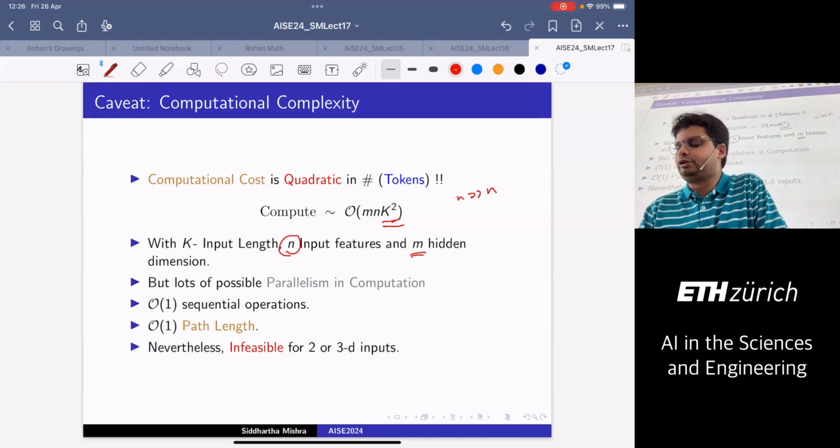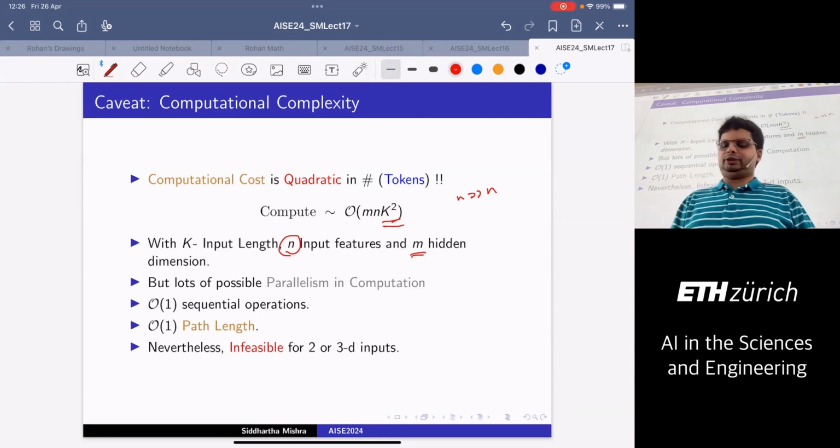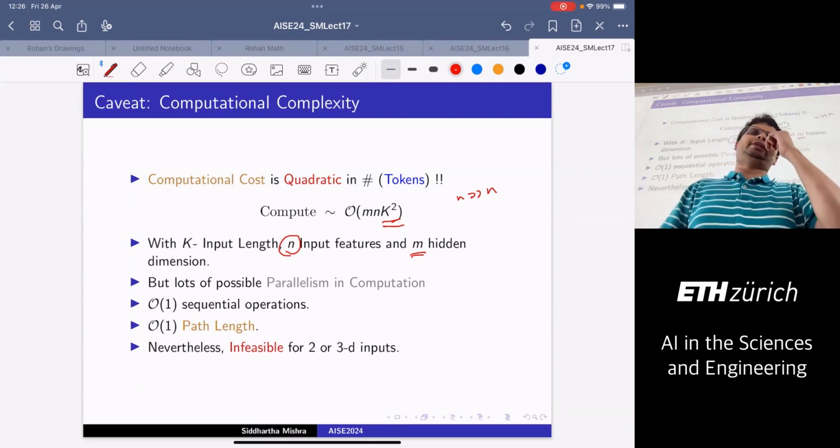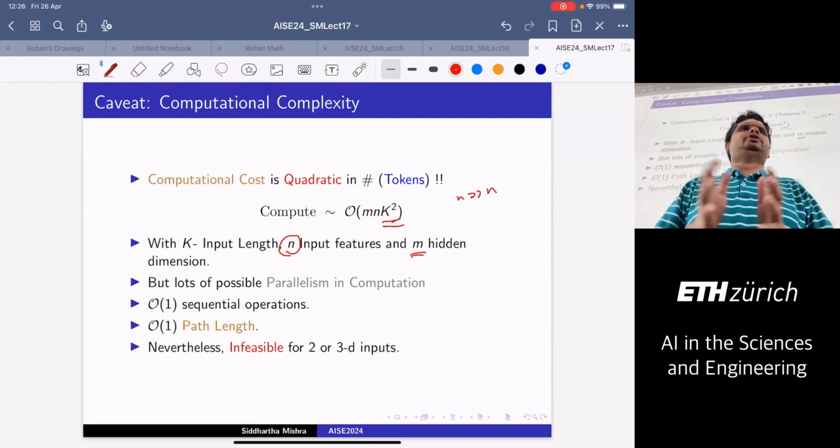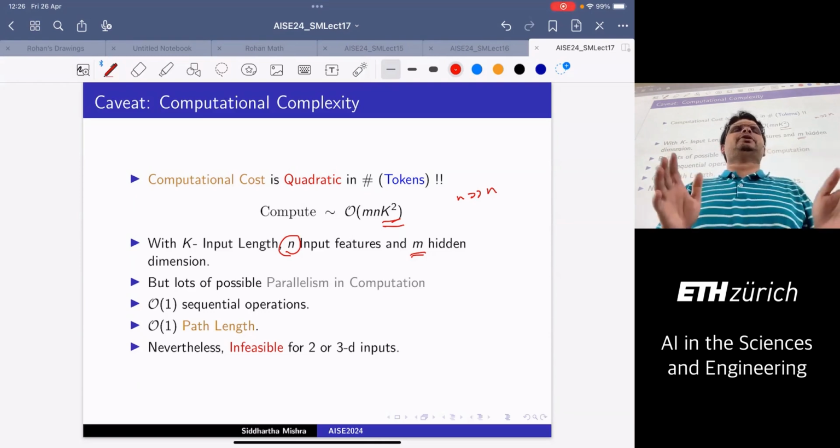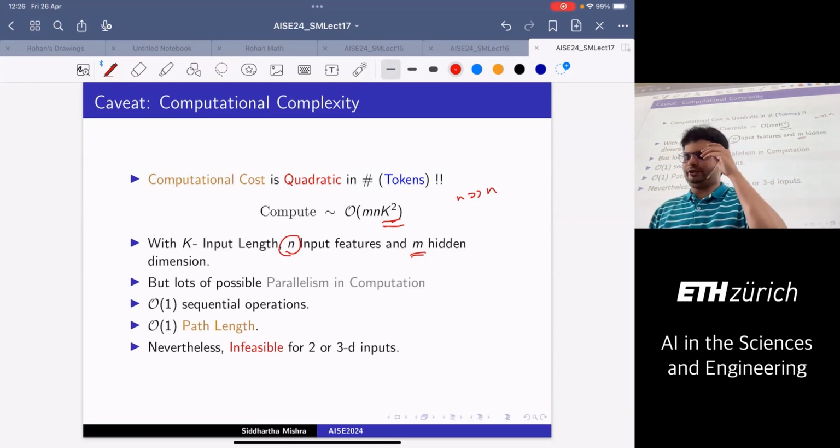So this is, of course, also quadratic in the number of features, but that's more mild compared to the number of tokens. Why is that? Let us imagine, forget about the weather, but let us take a very, very simple situation. We have fluid flows, incompressible fluid flows. So Navier-Stokes equation.